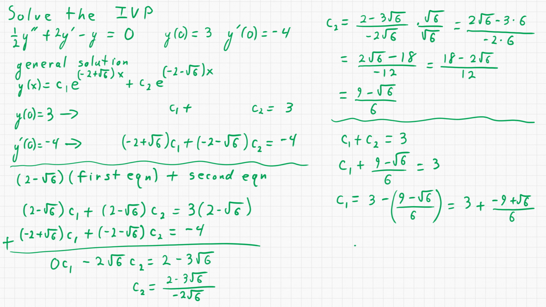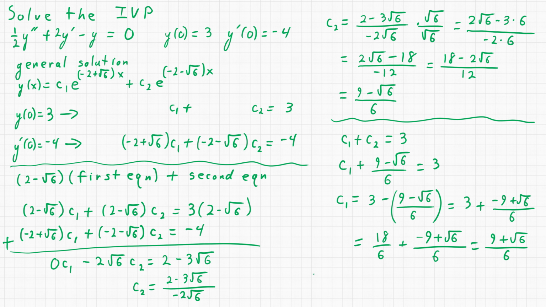If I make a common denominator, I multiply the 3 by 6 over 6 and get 18 over 6 plus negative 9 plus square root of 6 over 6. So that ends up being positive 9 plus square root of 6 over 6.